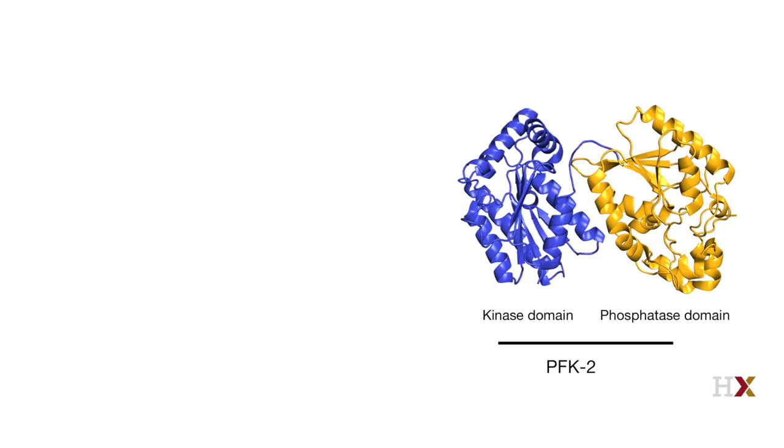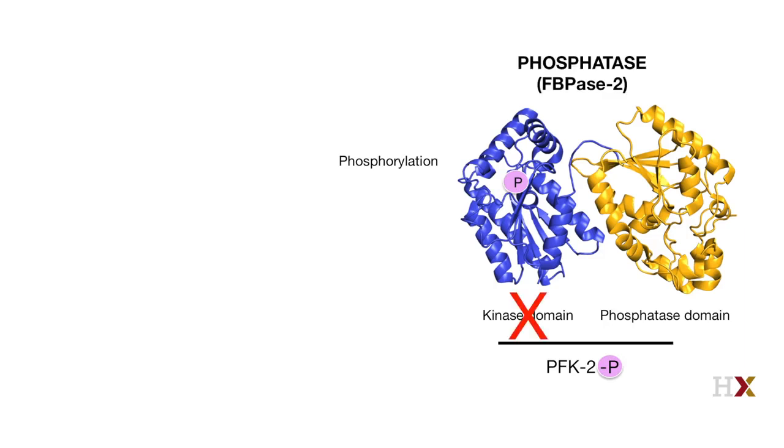So when the kinase domain of PFK2 is phosphorylated on a serine, the kinase domain is inactivated and PFK2 acts as a phosphatase, and it will convert fructose 2,6-bisphosphate into fructose 6-phosphate.